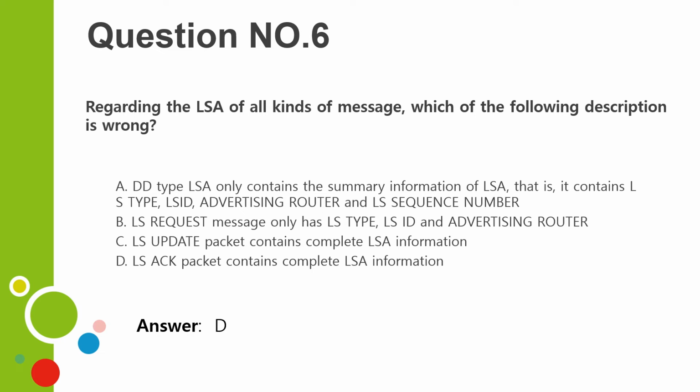Question number 6. Regarding the LSA of all kinds of message, which of the following description is wrong? A. DD-type LSA only contains the summary information of LSA, that is, it contains LS-type, LSID, advertising router and LS sequence number.